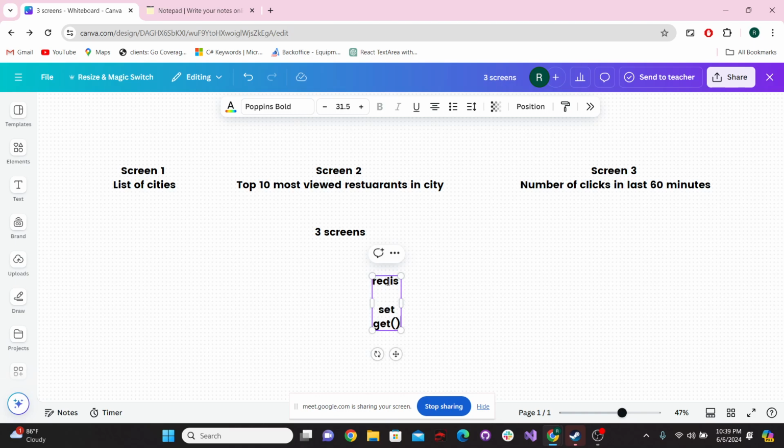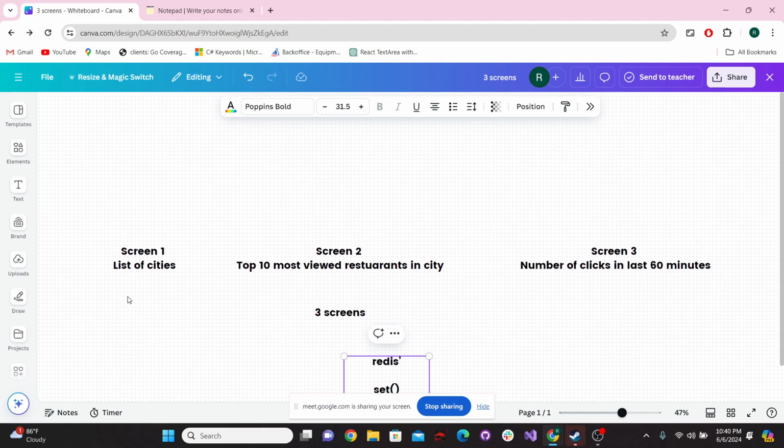Get is used for getting the value, set is used for setting it. Redis is a simple key value store. For this key, you are storing this value, and you retrieve by key, right? And there's something like a TTL, which is time to live, right?